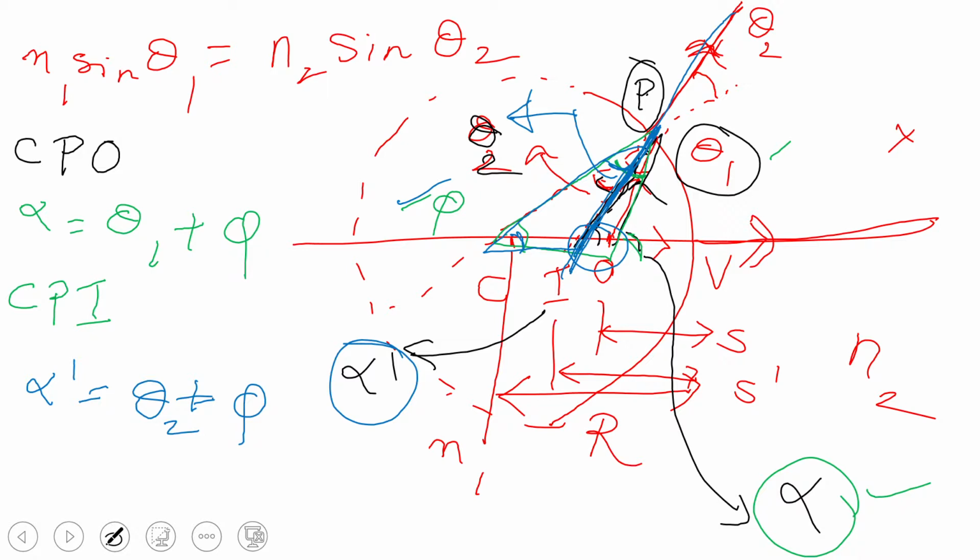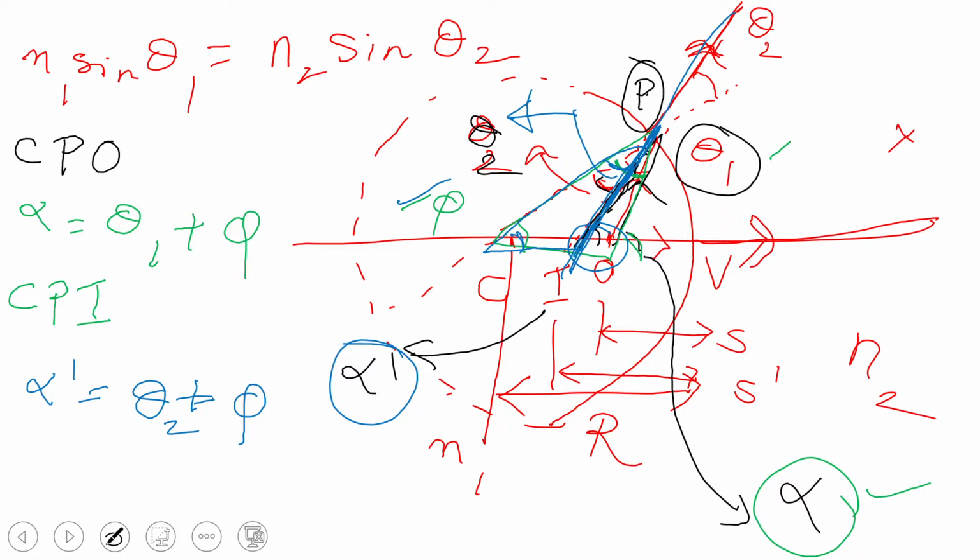If you do not recall why the external angle is equal to the sum of the opposite internal angles, I suggest you go through that. A triangle has 180 degrees, and any external angle would be 180 minus the internal angle.